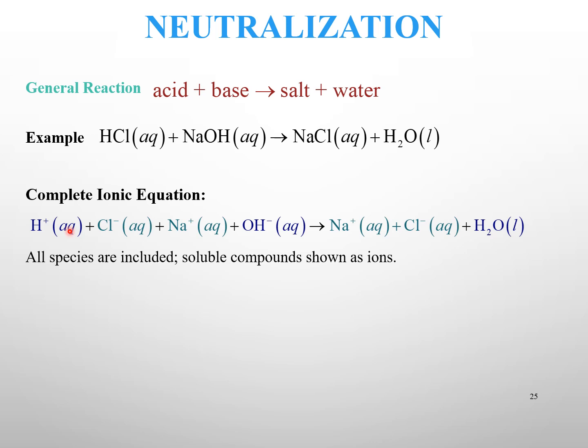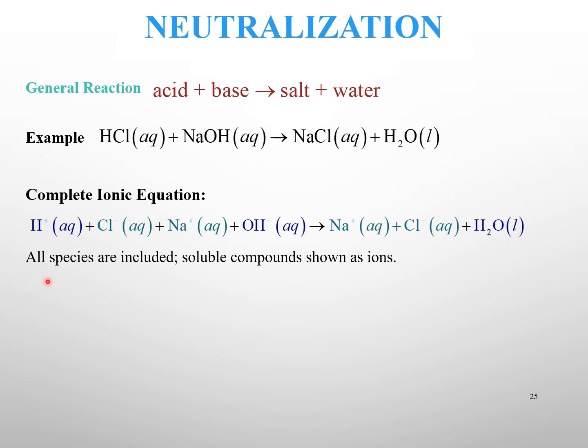So when you have this here, if you want to write the complete ionic equation, you split everybody into ionic form, and then you have water as your compound, and you have NaCl as your double displacement product, but this is a salt that's still soluble. So as you can see here, the complete ionic equation has everybody in ionic form except for the water at the end, the product, as liquid.